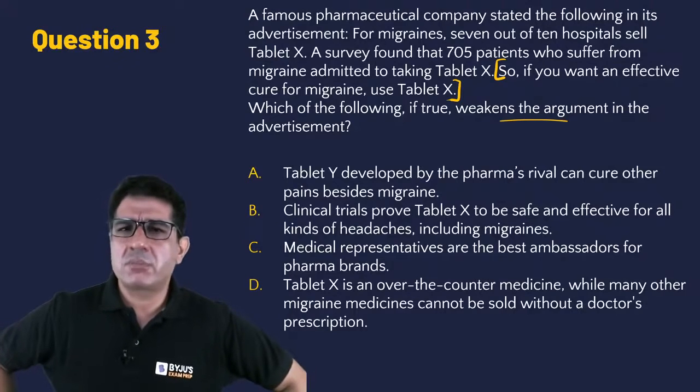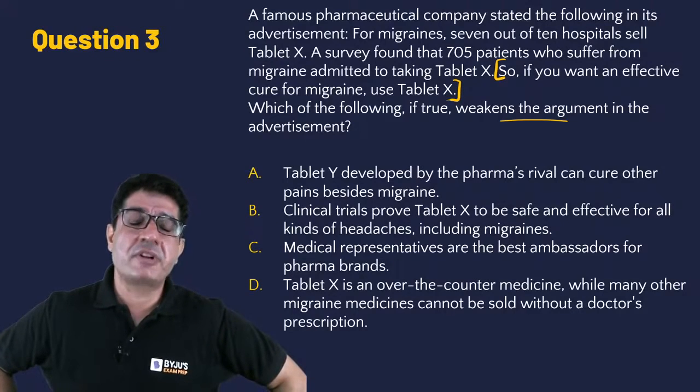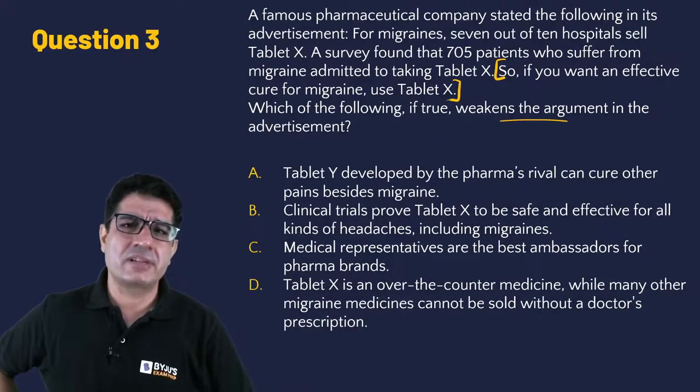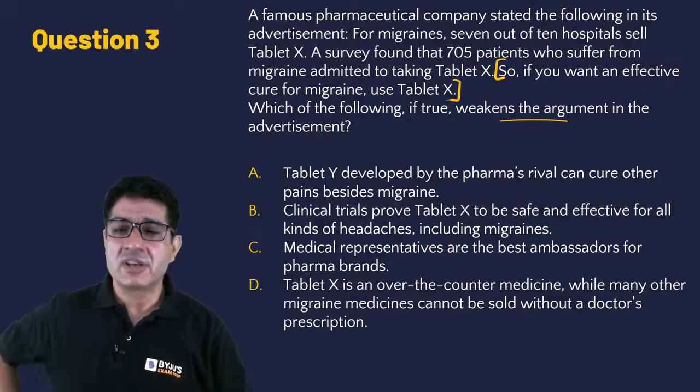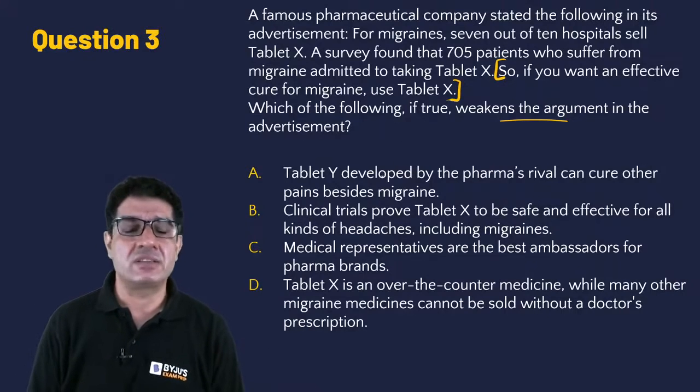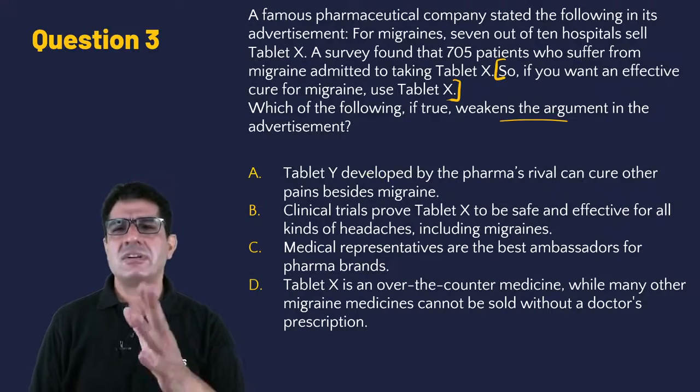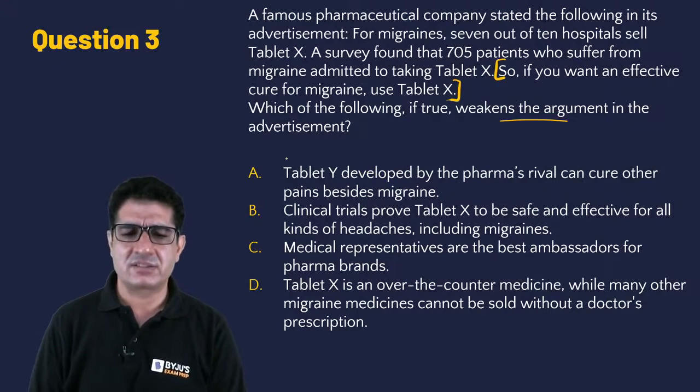So because a large number of migraine sufferers prefer tablet X, I think I should also take tablet X. Why would I take tablet Y? I don't have other pains. So you realize A does not weaken the argument. A does not tell us that tablet X may not be all that great. So A is ruled out. None of you have picked up B, so let's rule it out.